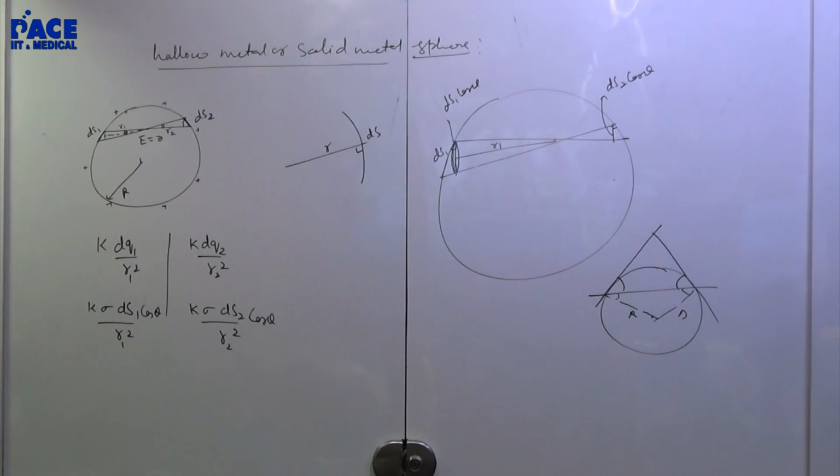Next point. If the sphere is a metal, then the charge will distribute uniformly on its own.